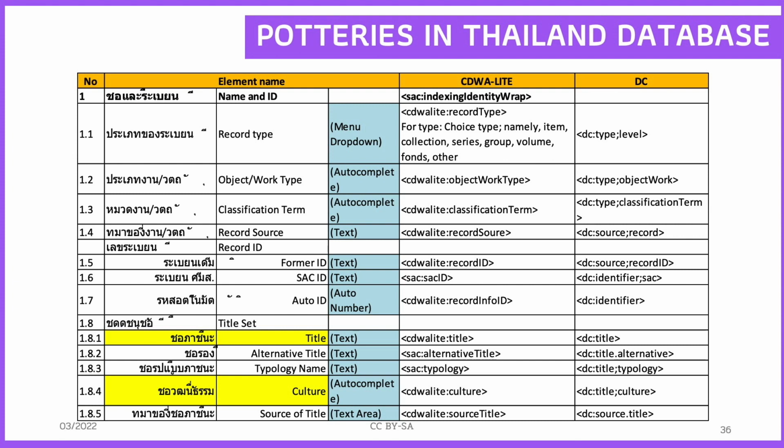Name and ID. It consists of a set of record ID, name or title set, both pottery name and typology name. Object type and cultural name are listed. Here is the cultural name of the pottery.